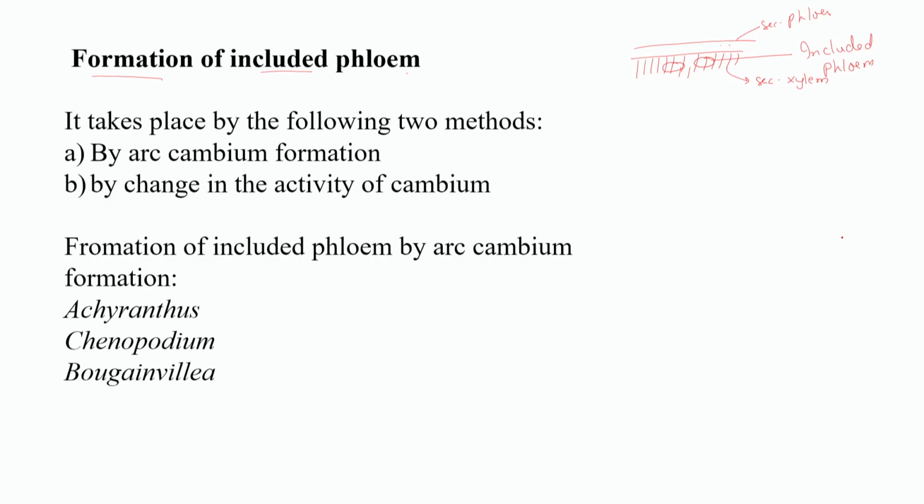Now, there are actually two methods by which this included phloem formation takes place: by arc cambium formation and by change in the activity of cambium. So, we will discuss both the methods.